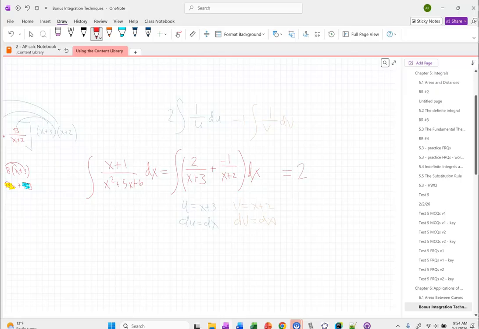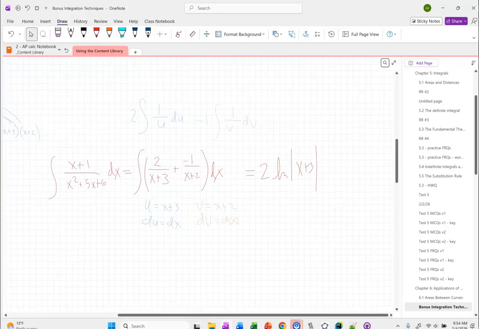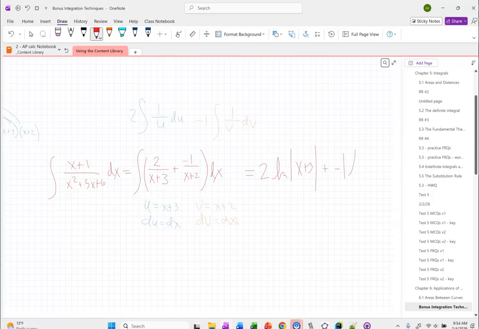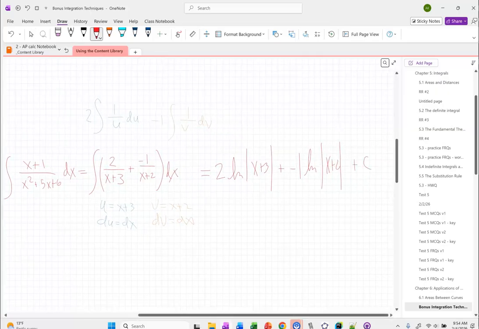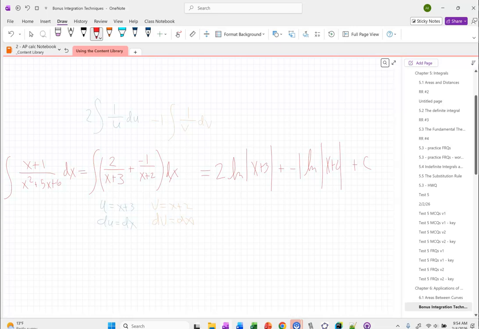So the antiderivative of 1 over u, natural log, absolute value, x plus 3, plus negative 1 times natural log, absolute value x plus 2, plus c. Everybody okay there?